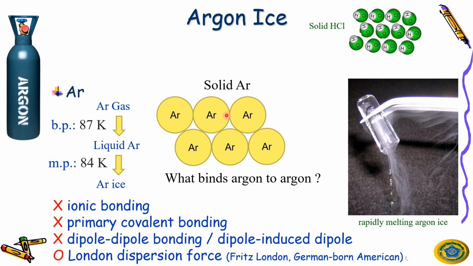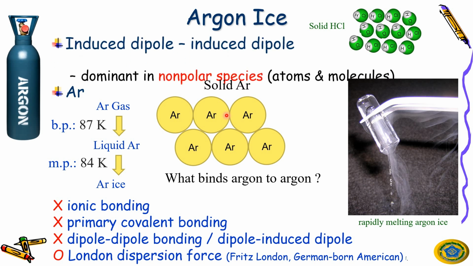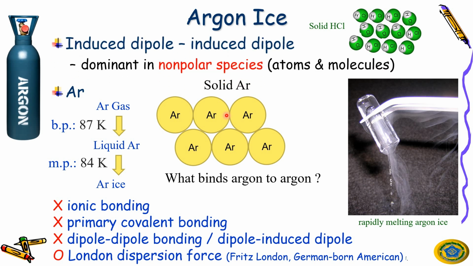He said, wow, let's call this the London dispersion force, or induced dipole interaction. So this is induced dipole interaction. What is this? It is dominant in non-polar species. This induced dipole interaction can be seen not only in non-polar species like argon, helium, whatever.